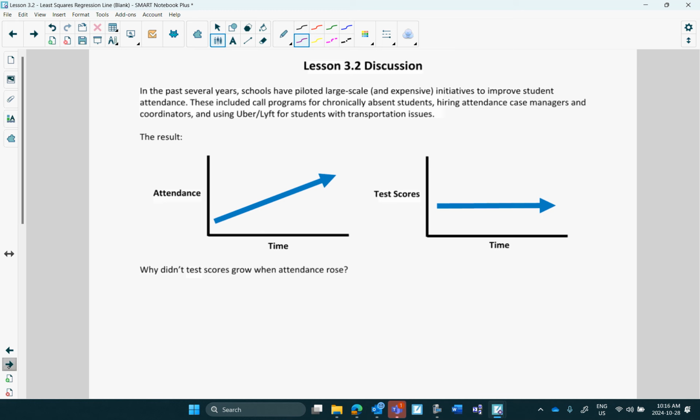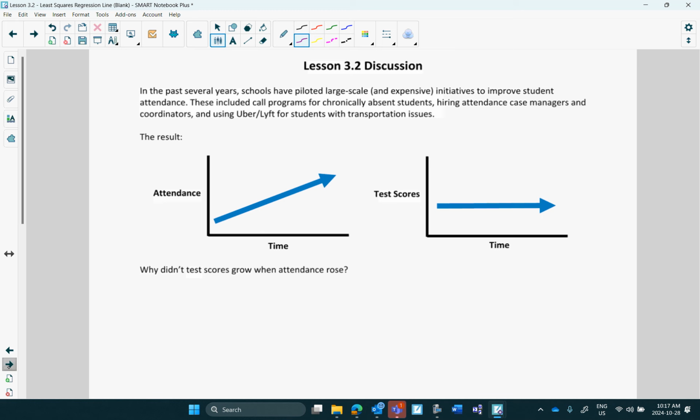Don't think so much about what's happening in school. These are low-income students from low-income families. What other factors may cause this? Yeah, not enough resources, especially at home.